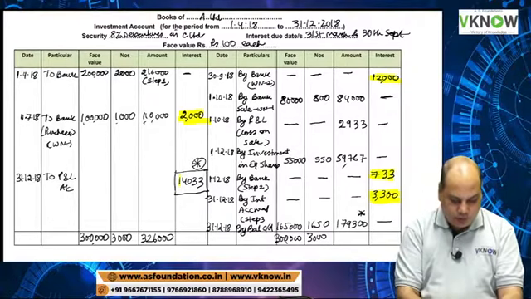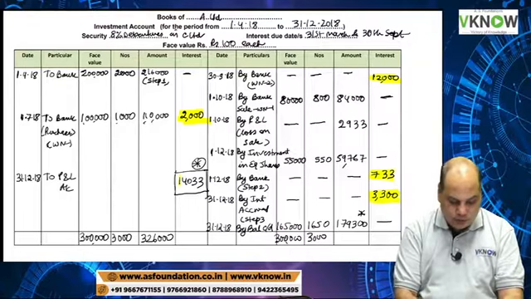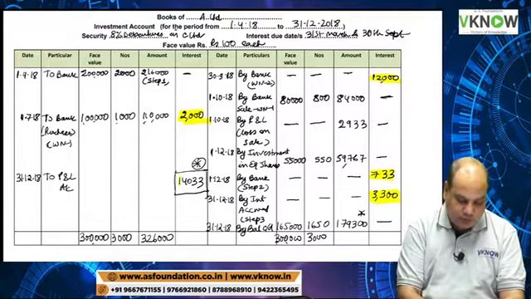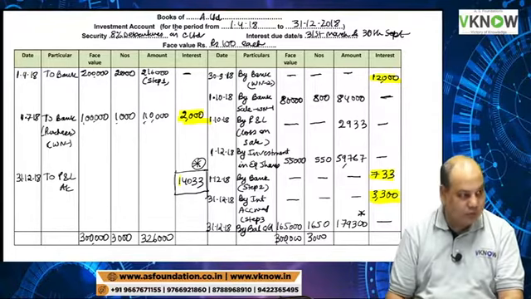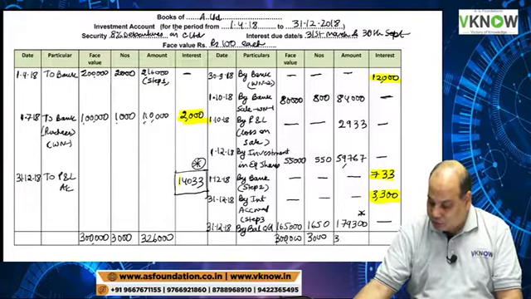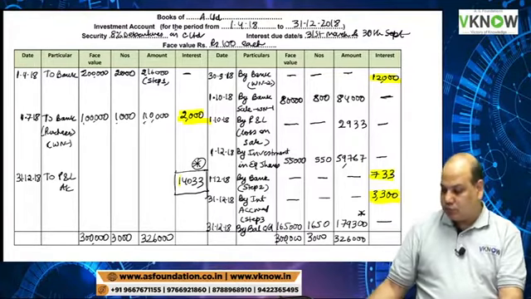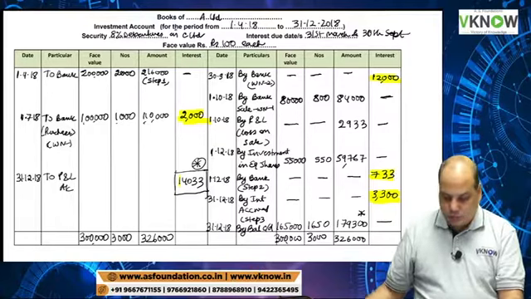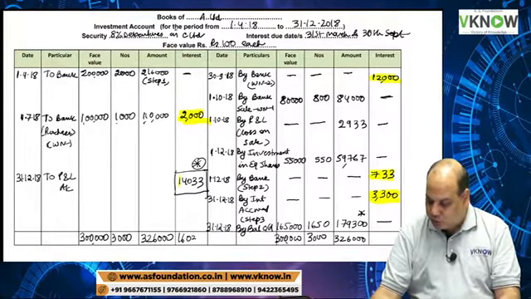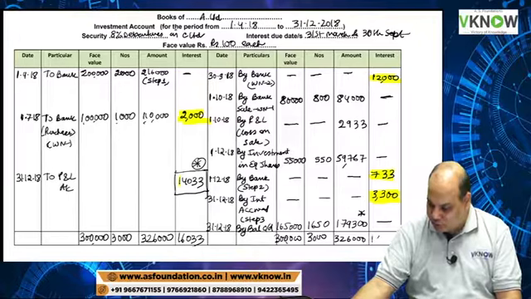Is it matching? 84,000 plus 2,933 plus 59,767 plus 1,79,300, that is equal to 3,26,000. So this way you will close the debenture investment account.